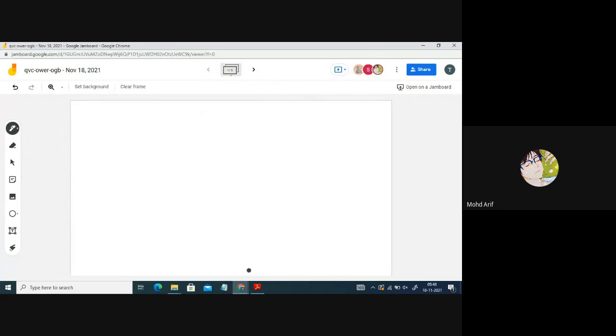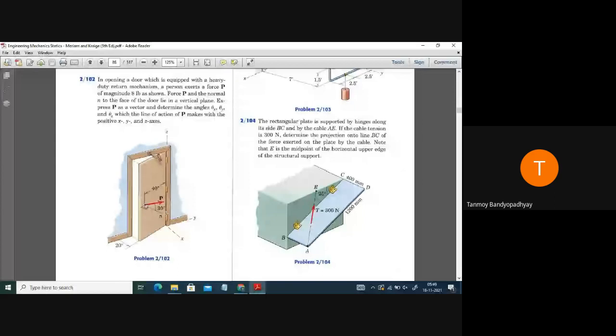To find the p vector, it's like the previous problems we have solved. I think we have to solve first pz and then pxy. Okay, so let's start with the problem. You can see that this is a frame of reference actually. The main thing is the frame of reference. The z-axis remains constant throughout the problem, but the x-axis is actually rotating.